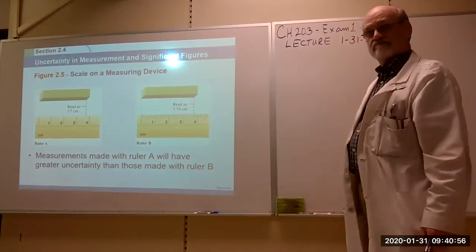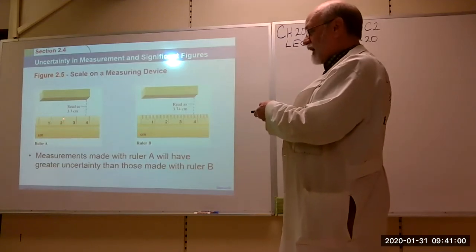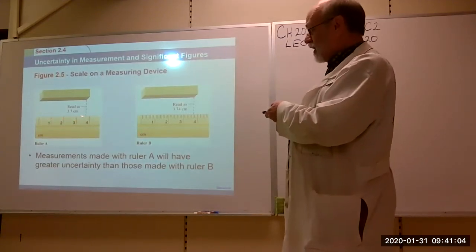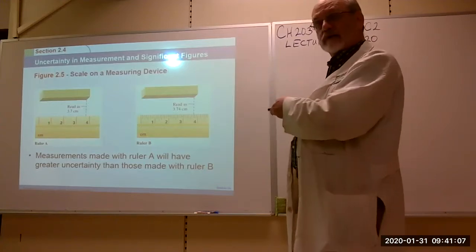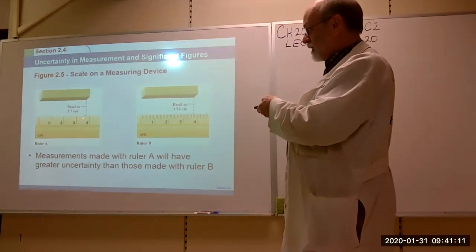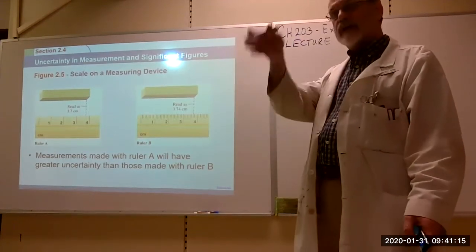The exact part of that number can be established by how close it is to one of these lines. So the exact part, the certain part is 3, because it's between 3 and 4. The uncertain part is a guess because we don't have any lines.